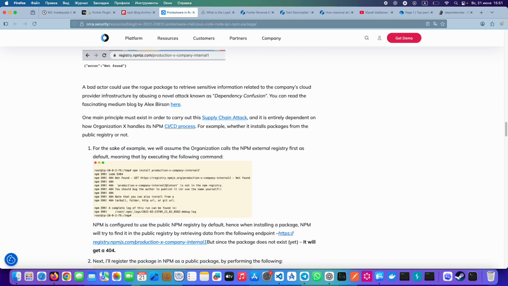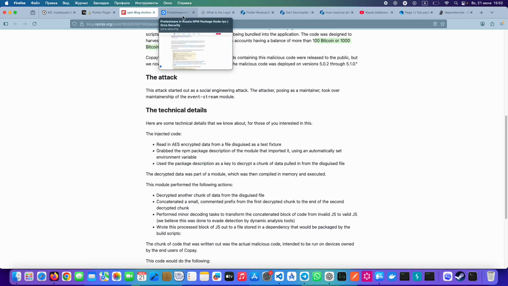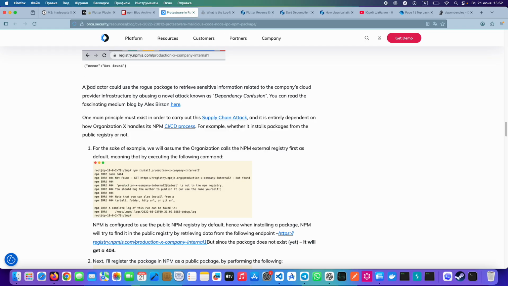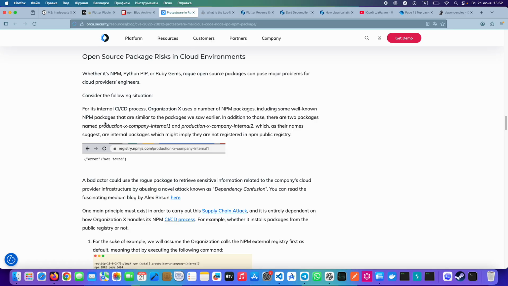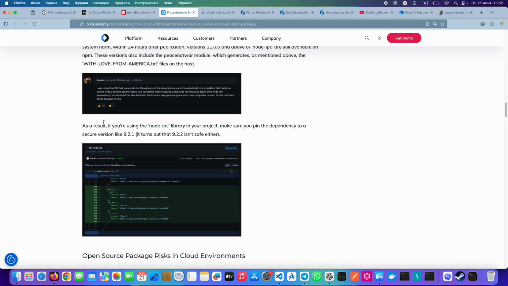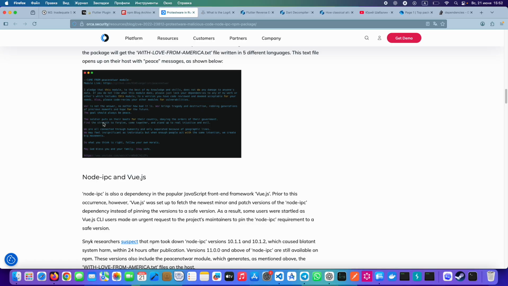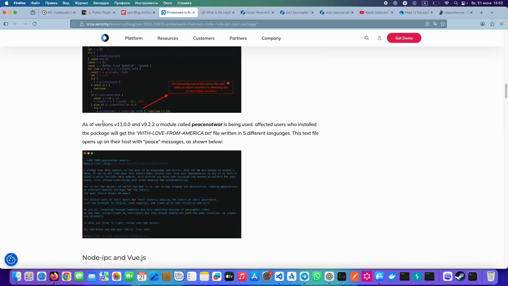So in this situation that happened, it's not exactly the same as the previous one that I told you. The main maintainer added the malicious code and broke the rules of open source. If you are making any kind of open source project, it doesn't have to relate to programming, especially.